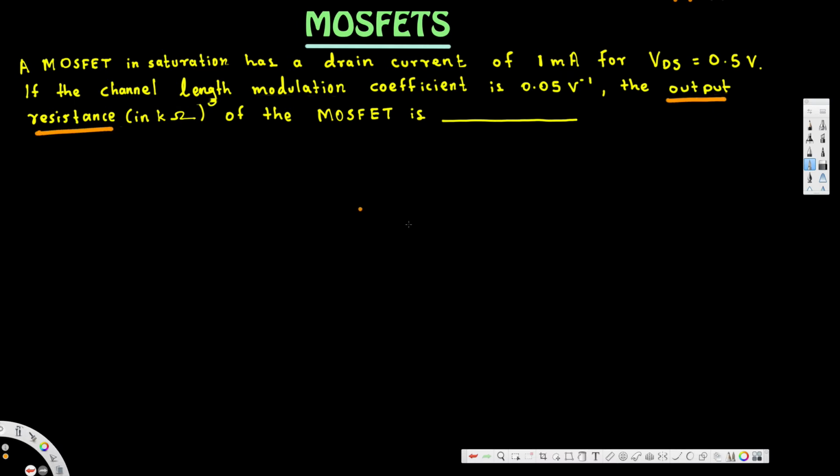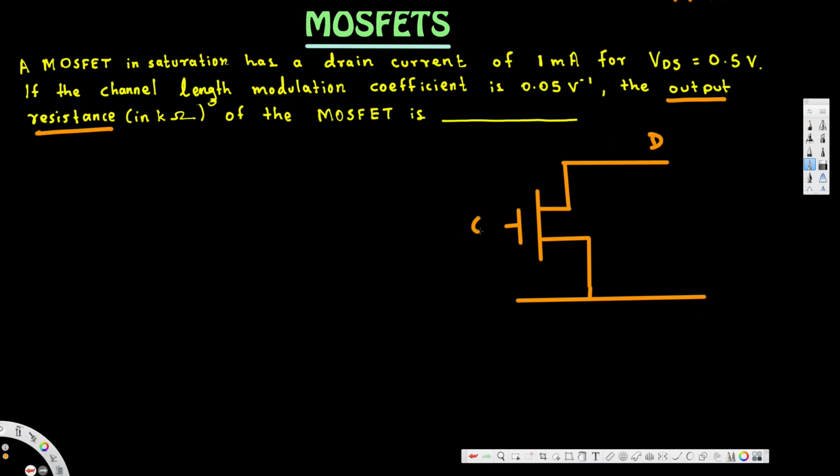Now let's look at the MOSFET diagram. Let's go ahead and see what's going to be the output resistance of a MOSFET. Let's draw a sample MOSFET diagram. Okay, let's say we have a MOSFET here, and for a MOSFET, you know that this is the drain, this is the gate, and this is the source.